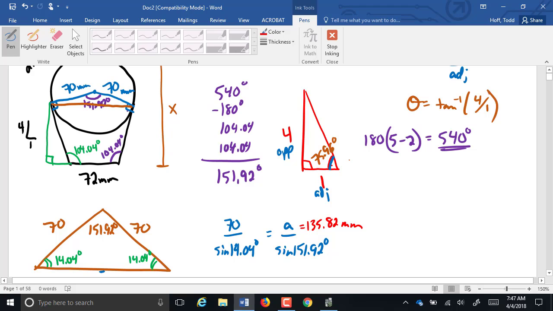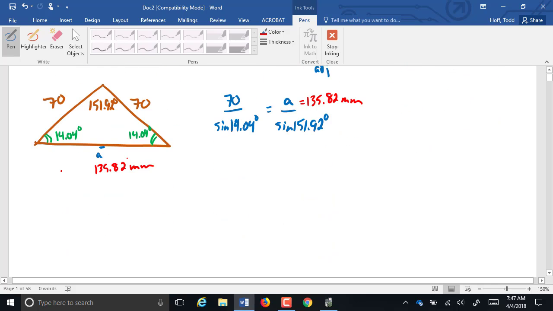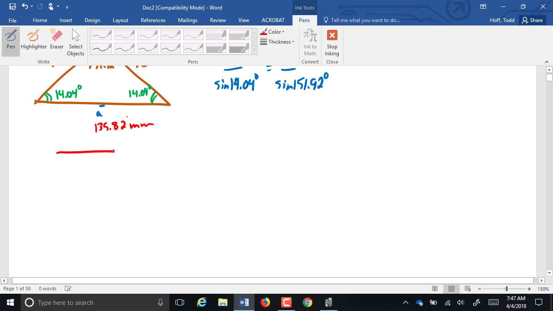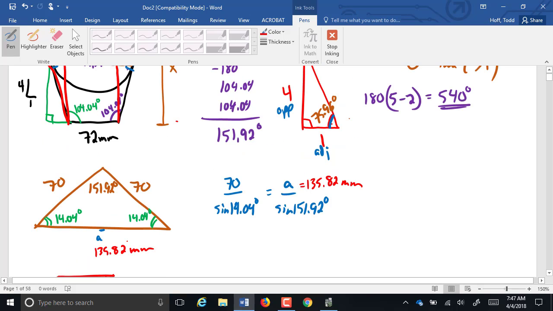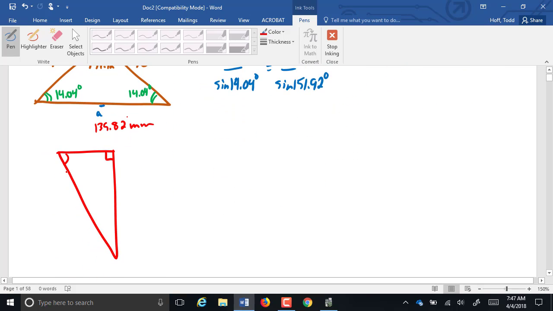Now that I know that total length, if I cut this here and here, I have this red triangle that I'm going to draw. I know that this angle here is the 75.96.